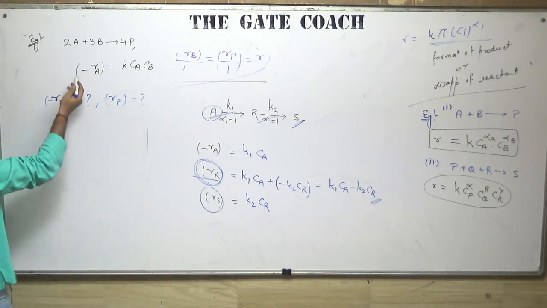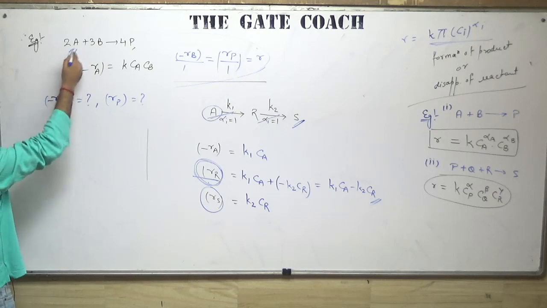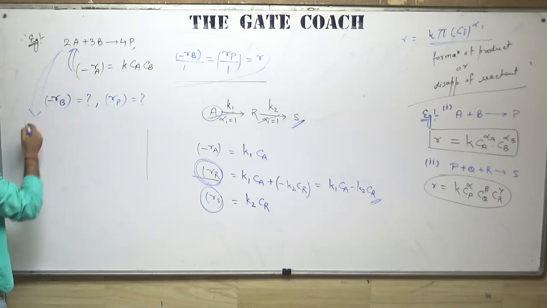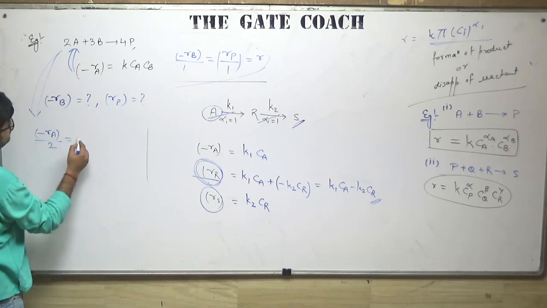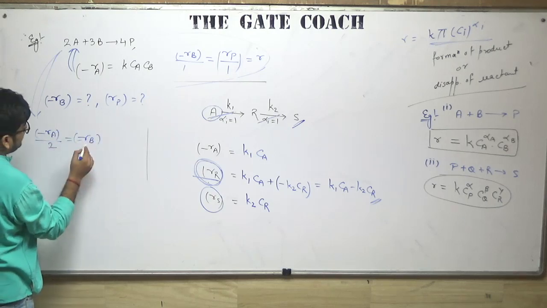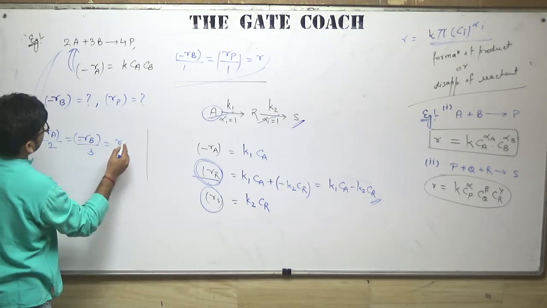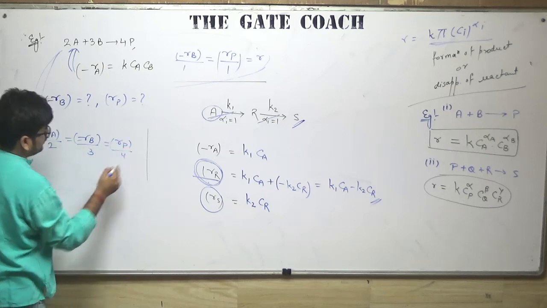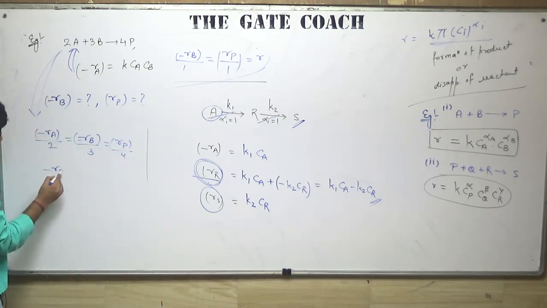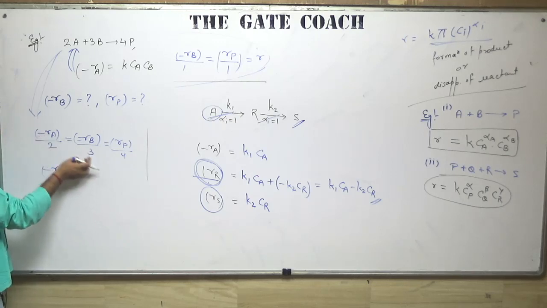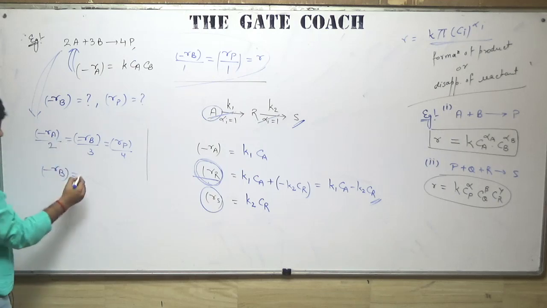So see, from the relative rates, we know that minus rA over 2 is equal to minus rB over 3, that is equal to rP over 4. So minus rB will be equal to 3 by 2 times of minus rA.